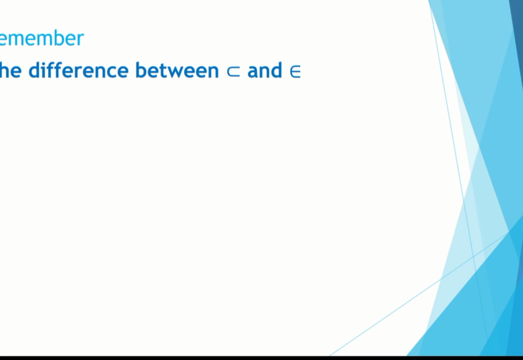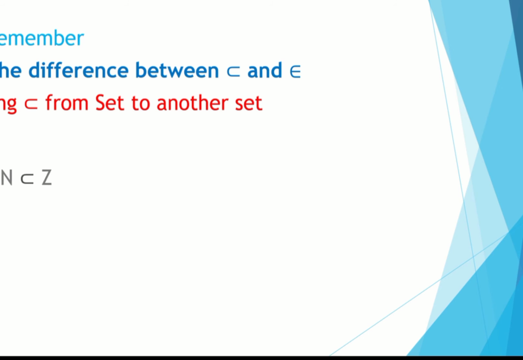We use the sign of subset and not subset from one set to another set, like the set of N is a subset of Z. The set of numbers 1, 2, 3, 4, 5 is a subset of N, the set of natural numbers.